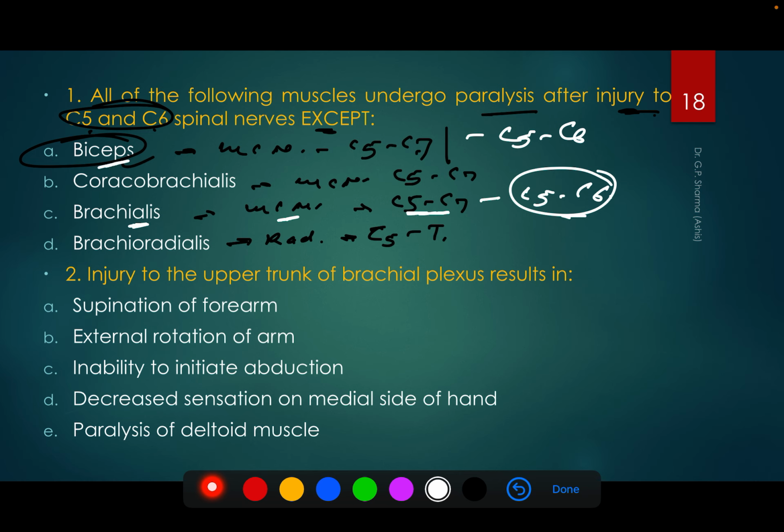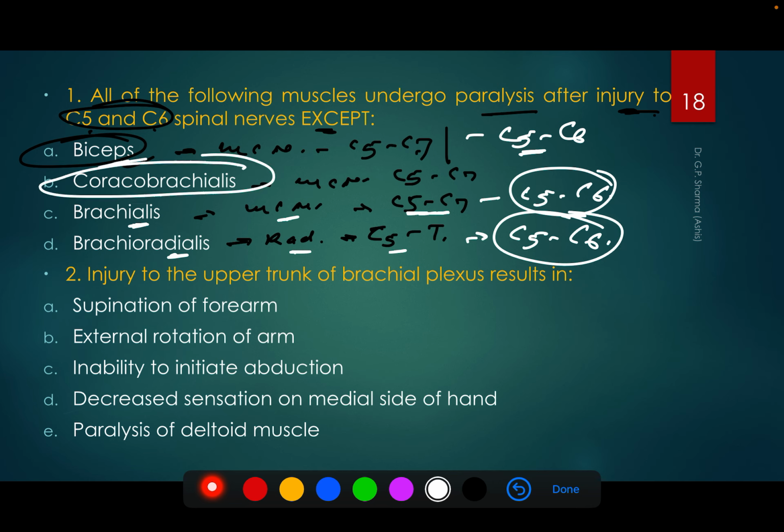The fibers going to biceps are also only C5, C6. Brachioradialis, radial nerve, that is C5 to T1, but the fibers going to brachioradialis are C5 and C6. But here coracobrachialis is supplied by C5, C6 and C7. That's why if we have this C5, C6 root value involved, C7 is not involved. That's why coracobrachialis is not paralyzed.